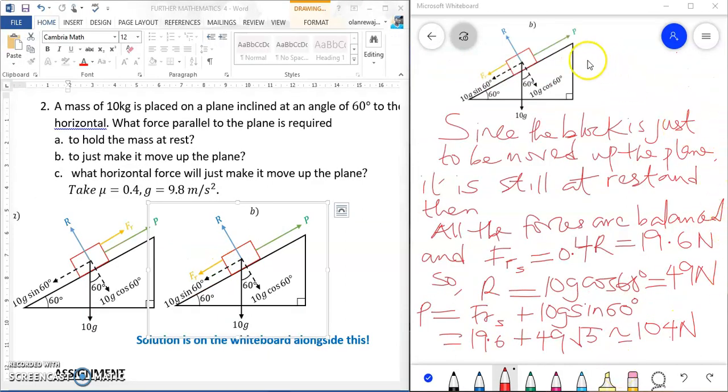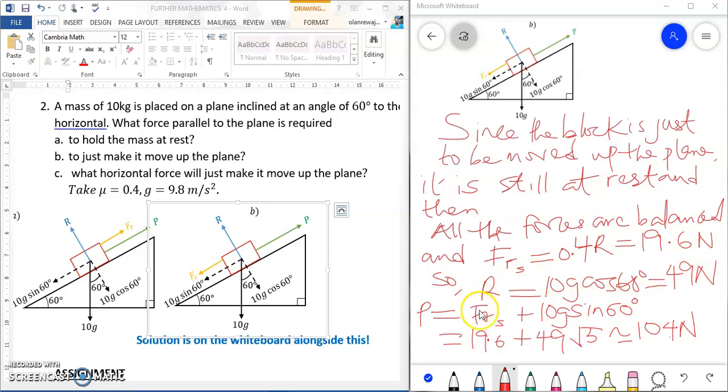Now, for the second part of question 2, since the block is just to be moved up the plane, it is still at rest at this point, and all the forces acting on this body are balanced. The static frictional force would operate at its maximum possible value, which equals 19.6 newtons, since our R is 49 newtons.